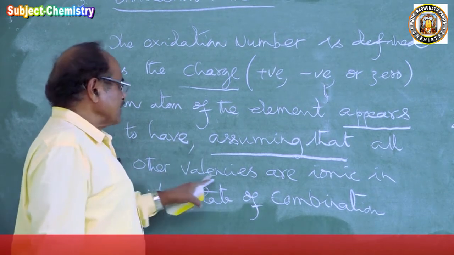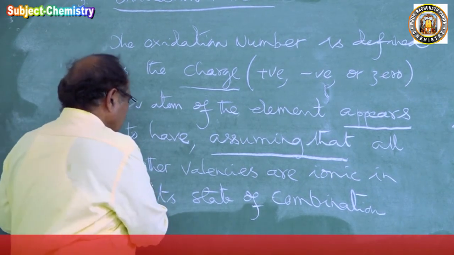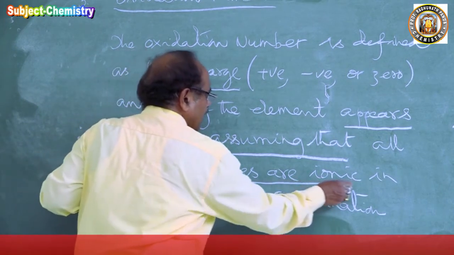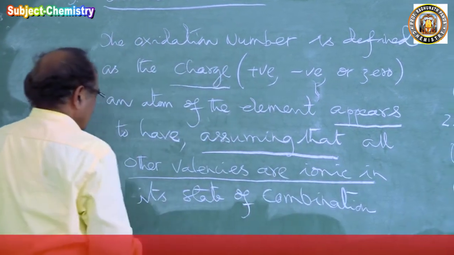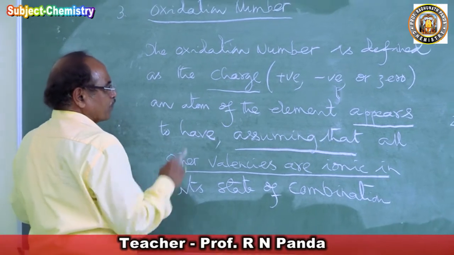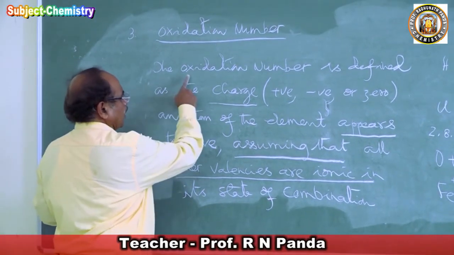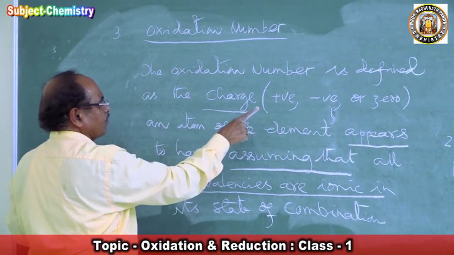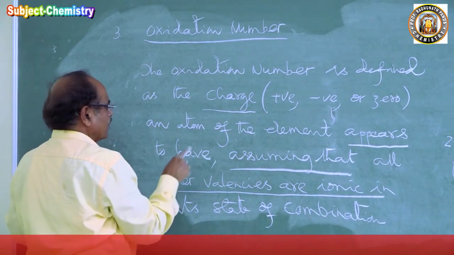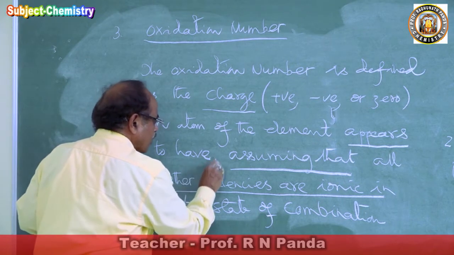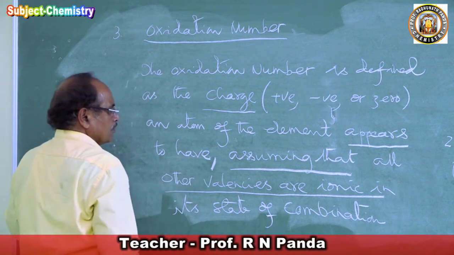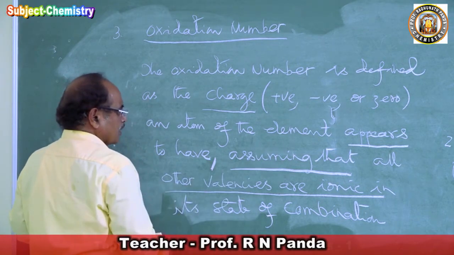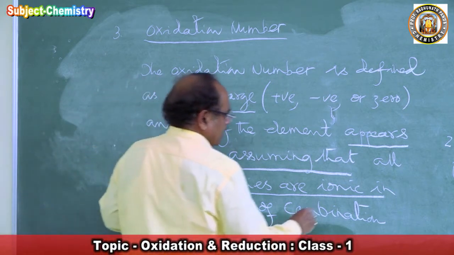all the other valencies are ionic, in its state of combination. I am putting a comma here. The oxidation number is defined as the charge, positive, negative or zero, an atom of the element appears to have, assuming that all other valencies are ionic.